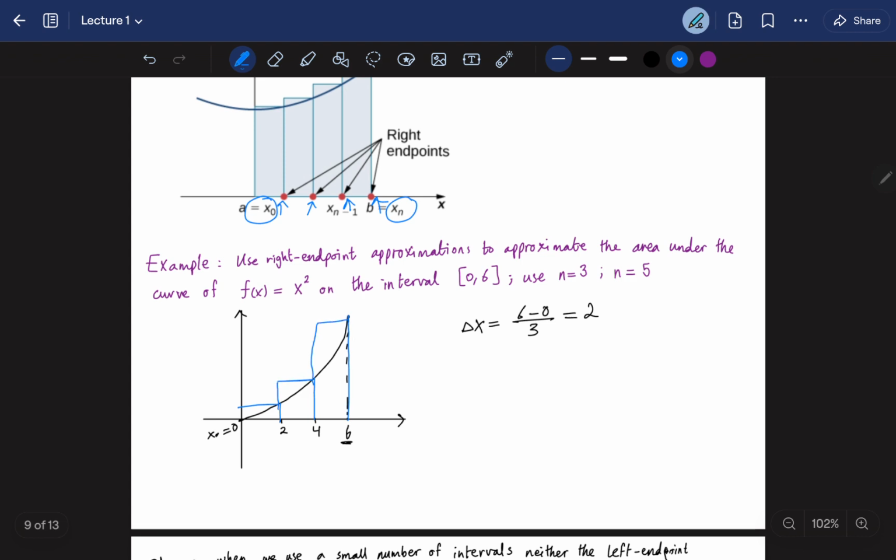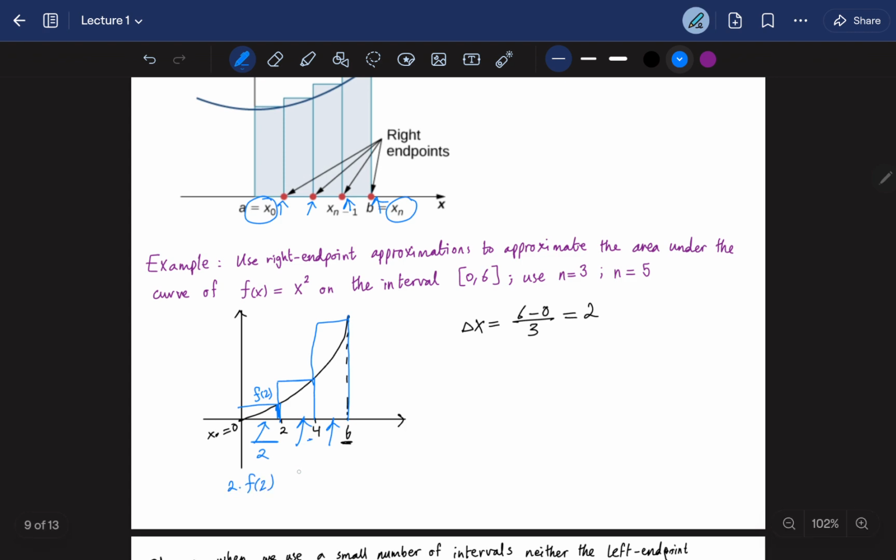To find the area under the curve using the right endpoint approximation, similarly, I just find the area for each rectangle separately, add them up, and that would approximate my area. So here, the area for this rectangle, for example, the width is 2, and the height, since I'm using the right endpoint, is f of 2. So the area would be 2 times f of 2.